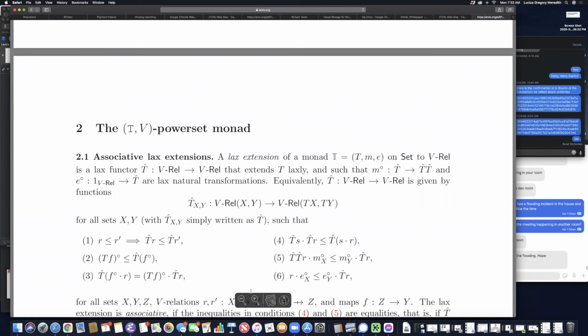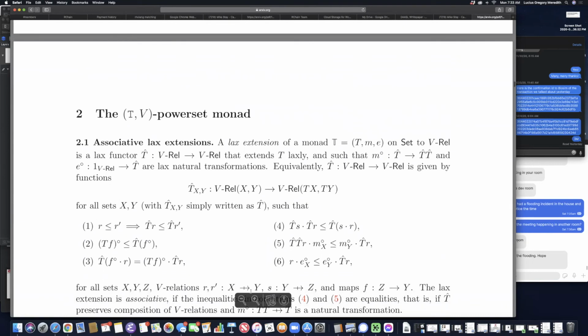So it turns out that if you have a Q, but they're calling it V. Okay, so sorry for the notational clash here. Wherever you see V, think what we were doing with Q for quantale.